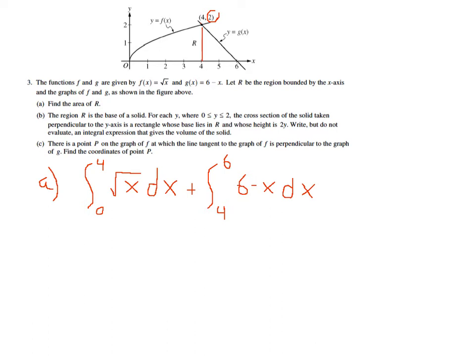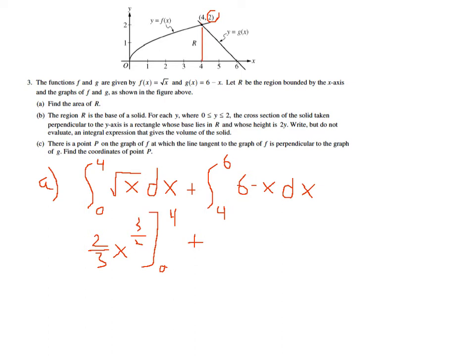So I integrate this, and for the first one I remember that I can treat the square root of x as x to the 1/2 and then just do the power rule for integration. So I have 2/3 x to the 3/2 evaluated from 0 to 4 plus, now for this next part I could absolutely do the power rule for integration again and get 6x minus 1/2 x squared, but I could also recognize that this is just a triangle here on the right side.